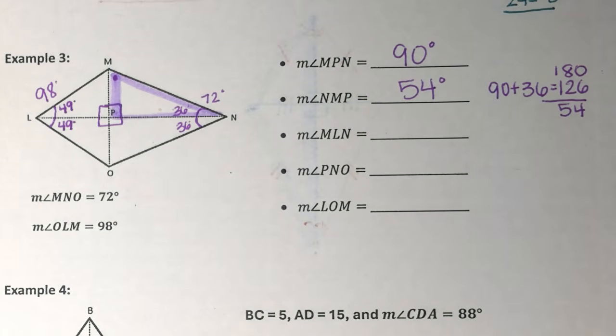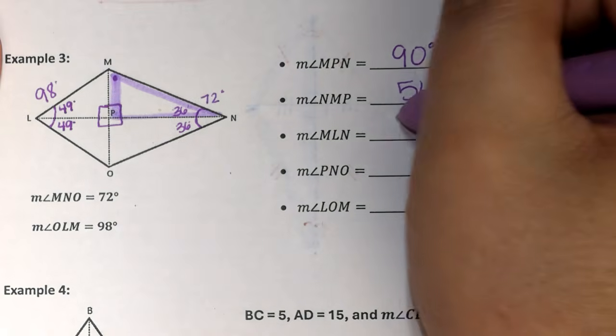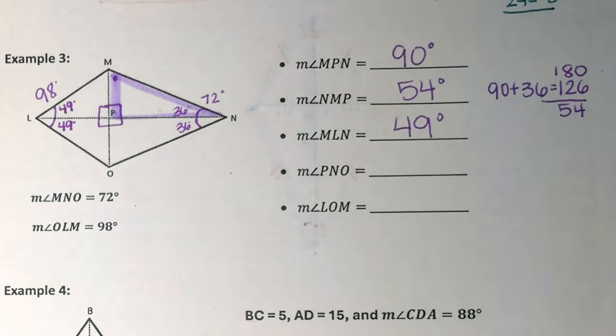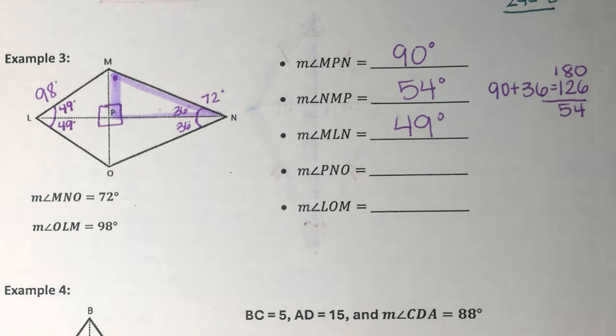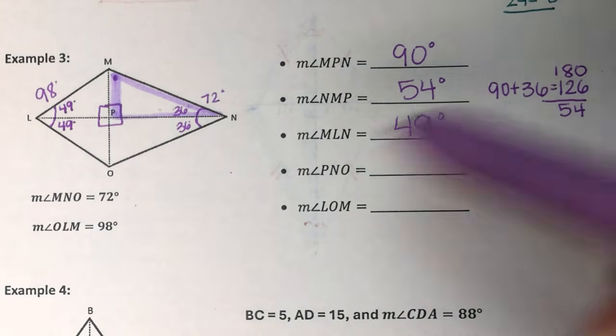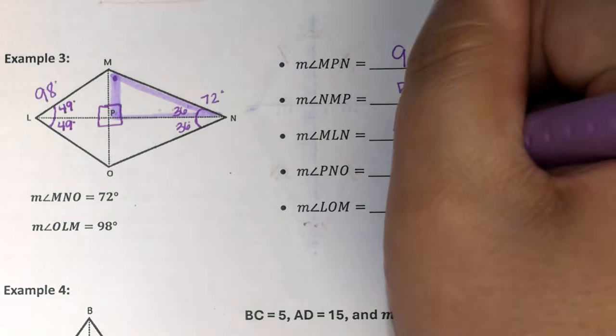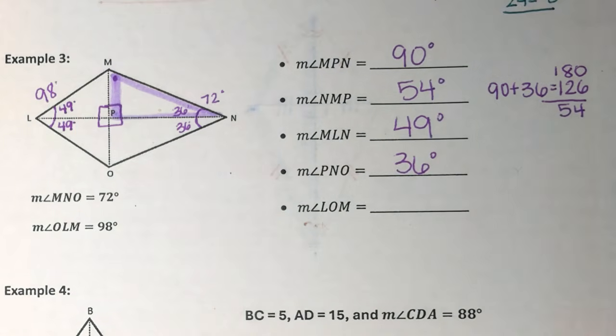Am I going too fast? MLN, M to L to N, we already found, is 49 degrees. NO, P, where's P? Oh, in the middle. P to N to O, 36 degrees. We already found that. LOM.